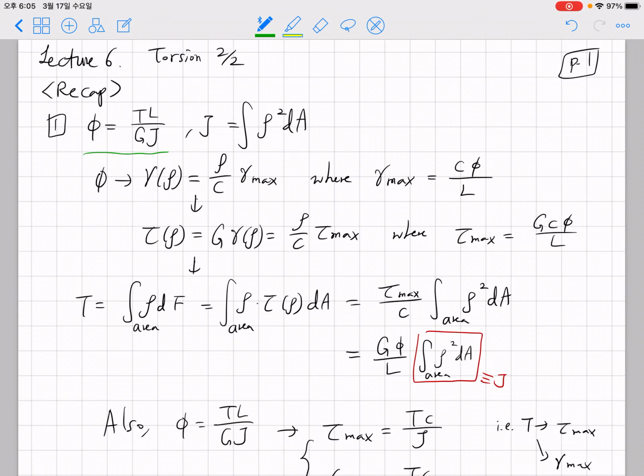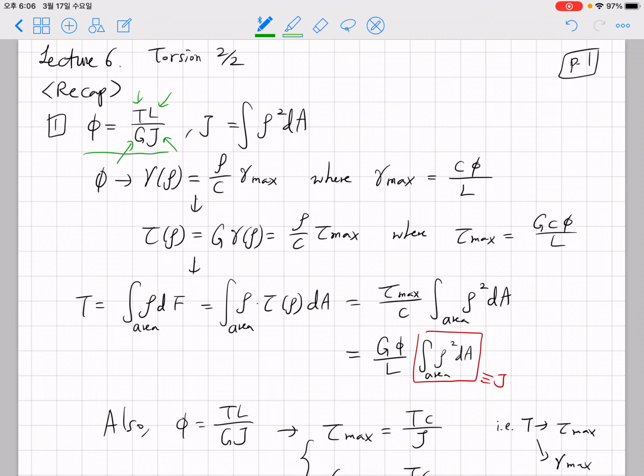So here, what we got is the external stimulus, which is the torque about the rotation axis, the length of the beam, and the material property G, which determines the relationship between shear stress and shear strain, because we are concerned with the shearing deformation for torsion.